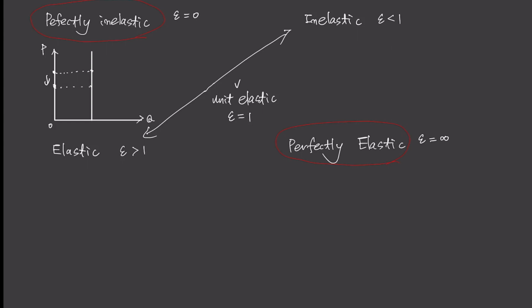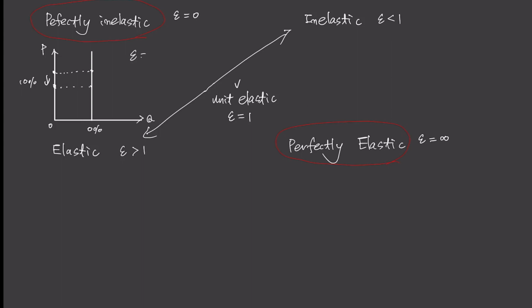So if the price, let's say, decreases by 10%, then usually quantity demanded should increase by a certain amount. But in this perfectly inelastic case, quantity doesn't change at all. So the change in Q itself is 0, or 0%.